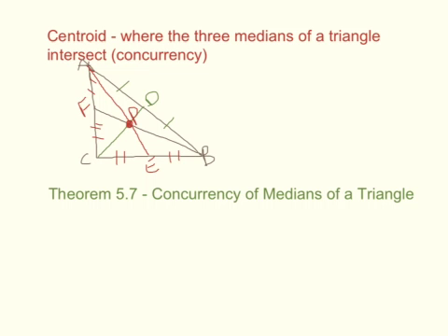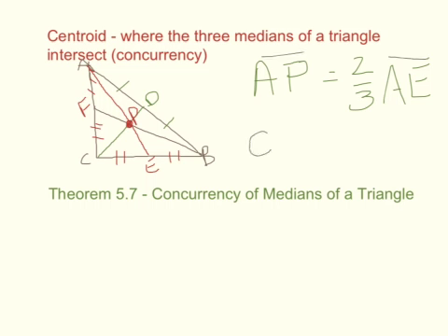So if we take a look at our example above, AP is 2/3 of AE. Because P is the centroid, it forms that segment AP, and so it's 2/3 of segment AE. And also CP is 2/3 of CD.